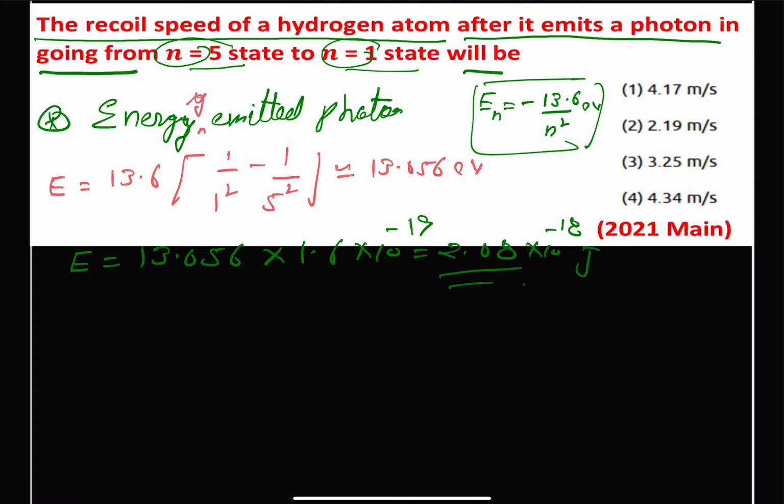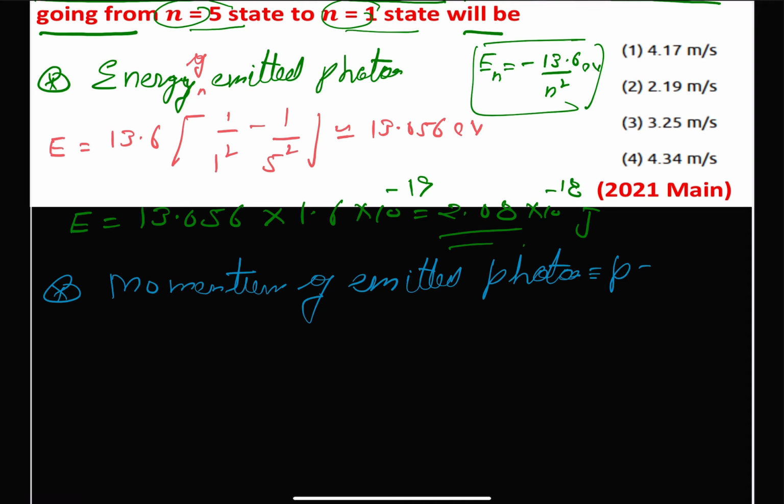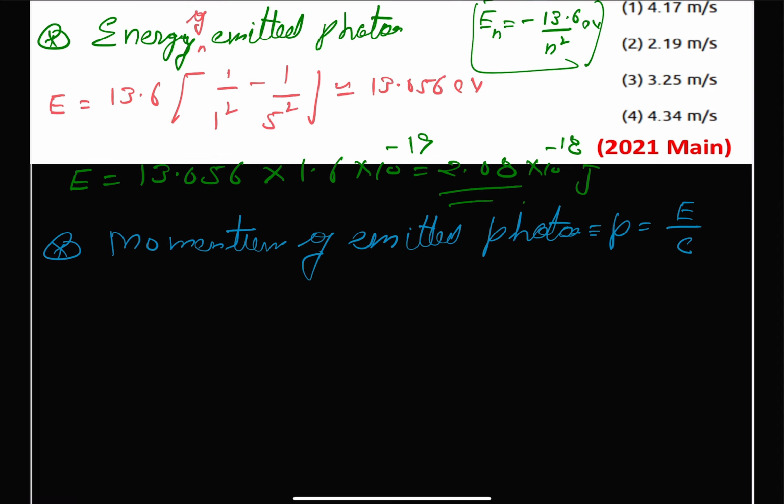Now we can use the momentum and energy relationship. So the momentum of the emitted photon, that is our P, is equal to energy upon the speed of light, which is our C. Therefore our momentum P is equal to 2.08 into 10 to the power minus 18 divided by 3 into 10 to the power 8.